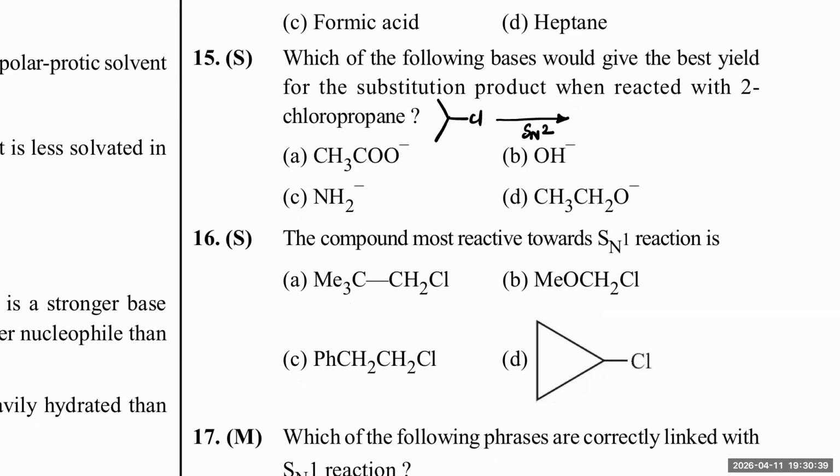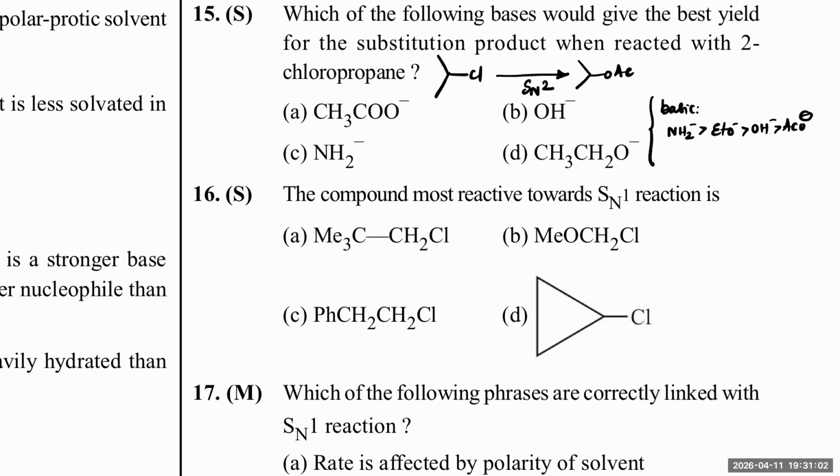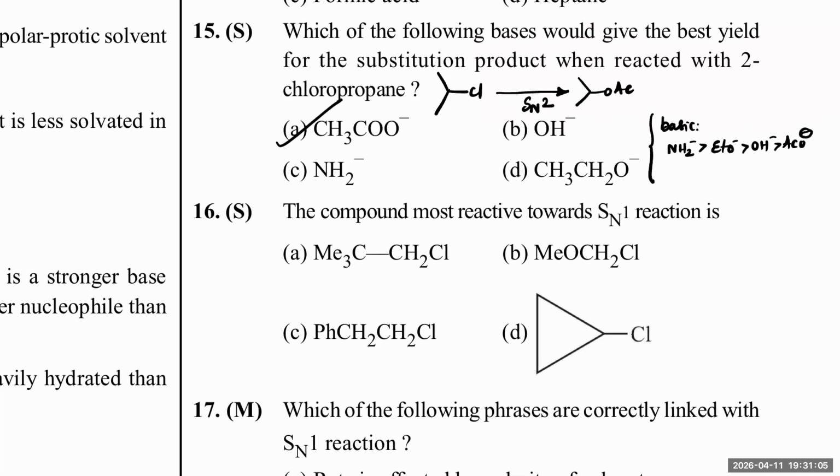Basic character wise, NH2 is extremely strong, then ethoxide, then OH minus, then acetate. Acetate being the weakest base, it will always go for more substitution. So OAc will come here. So this is the product.